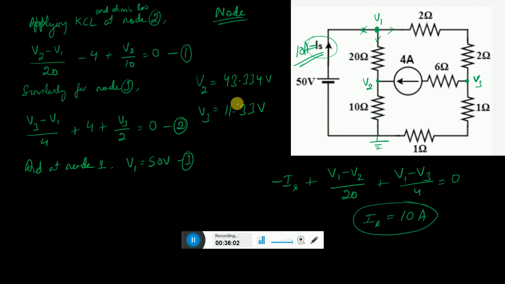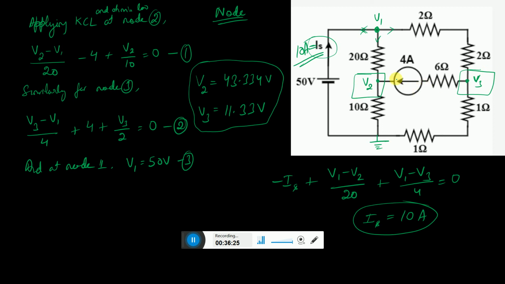There is one thing a student might have a doubt about. Sir, you have said that there will be no current over here, assuming that this is a balanced bridge. So the question arises: V2 is there and V3 is there, so they must have the same potential if the bridge is to be balanced.